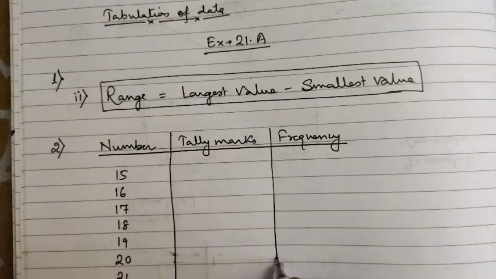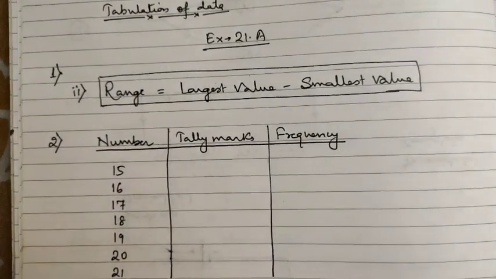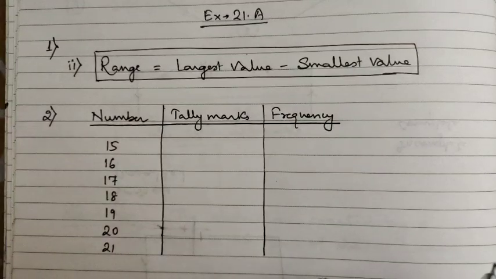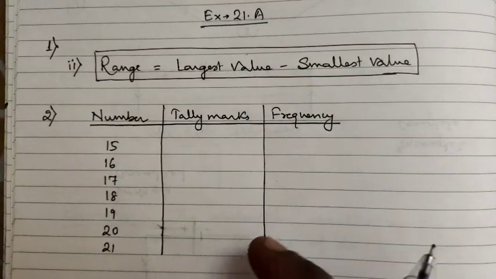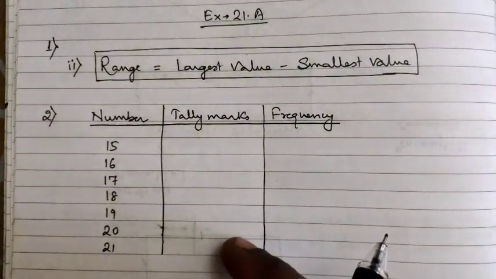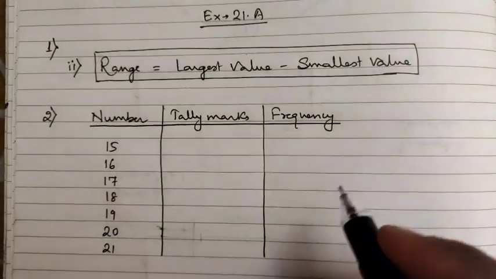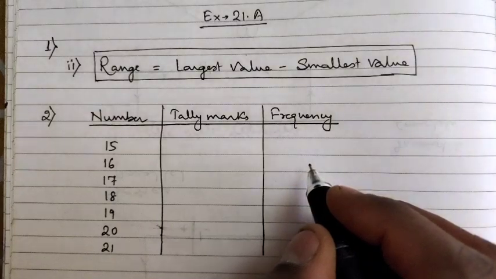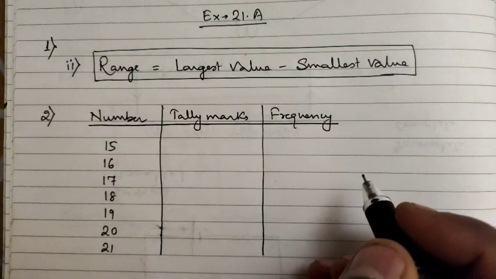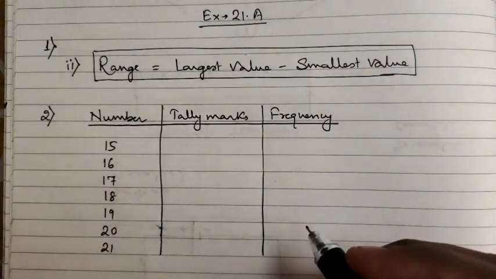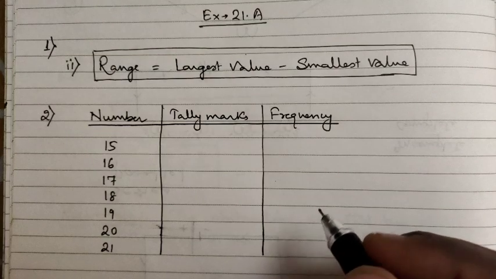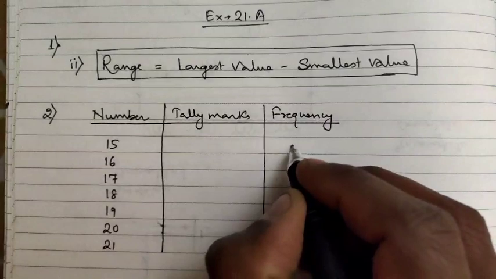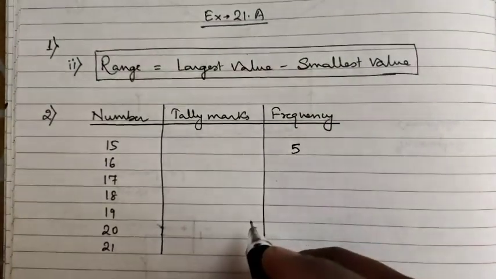I am not going to count how many times each appears. I am just making you understand how we write the frequency and show the tally marks. Suppose 15 has appeared in the data 5 times.